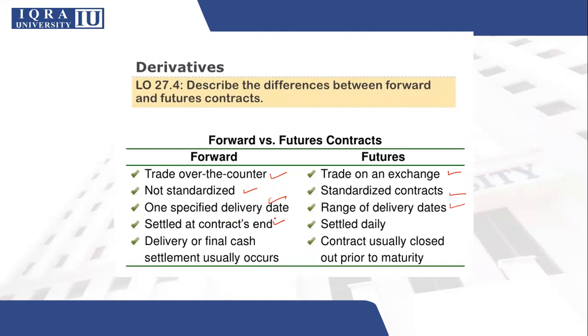So in the end, if the counterparty honors their contract, then it's fine, or else you will have to bear the loss. Whereas futures are settled daily, so each day whatever is the profit or loss on your futures contract is settled. So there are fewer chances of counterparty risk. Delivery or final cash settlement usually occurs for forwards, whereas futures contracts usually close out prior to maturity.